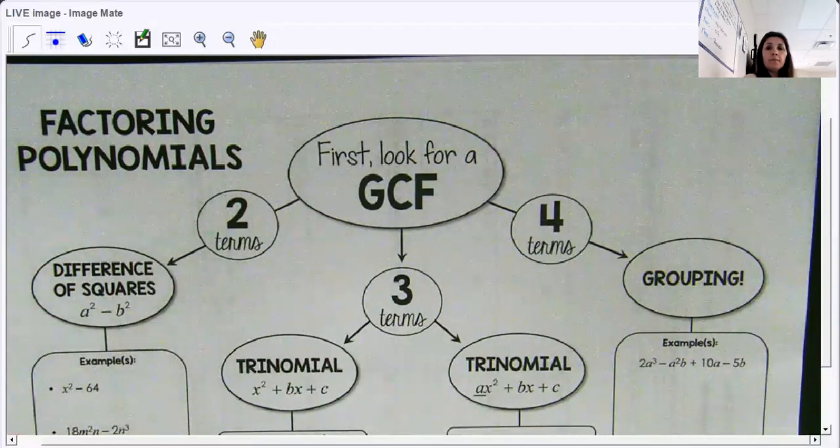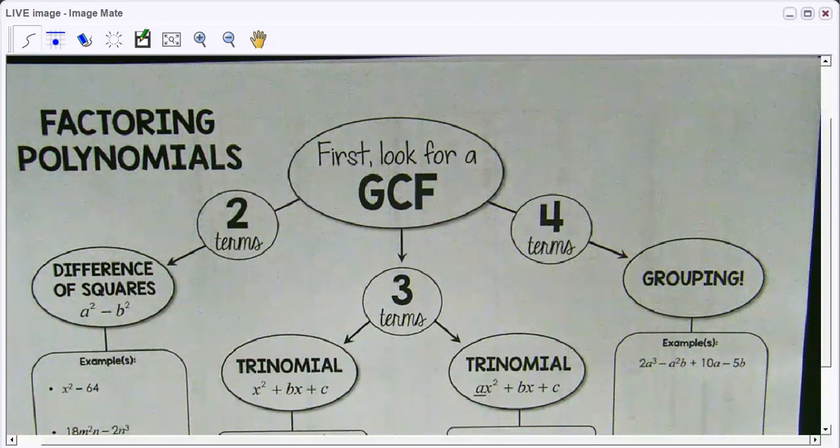Okay, so we're going to review factoring polynomials. And this is a graphic organizer that I hope will be a help to you in trying to figure out how to factor the problems that you encounter. So I gave you a review last week.